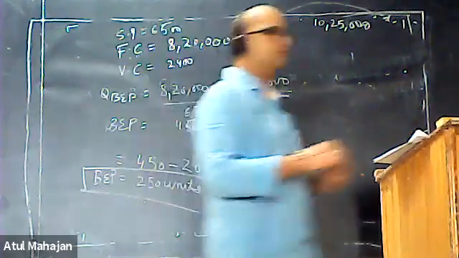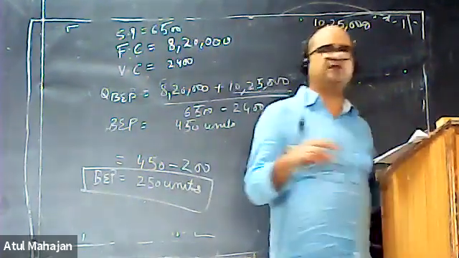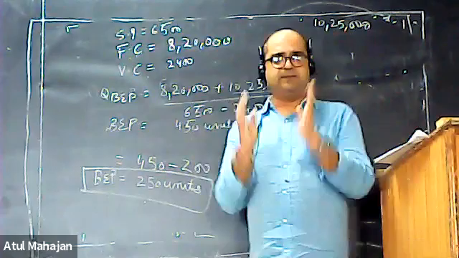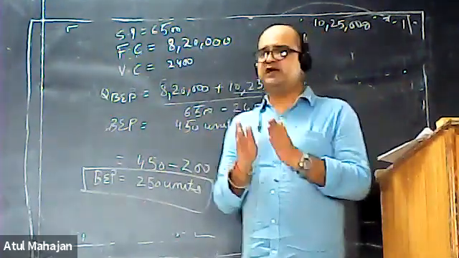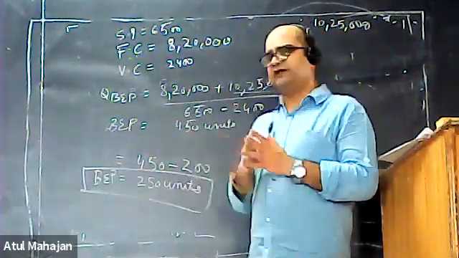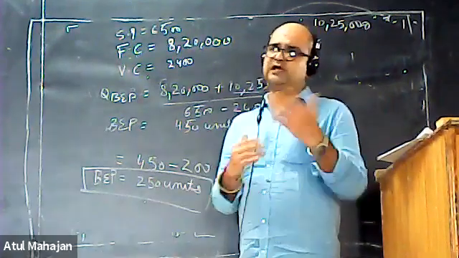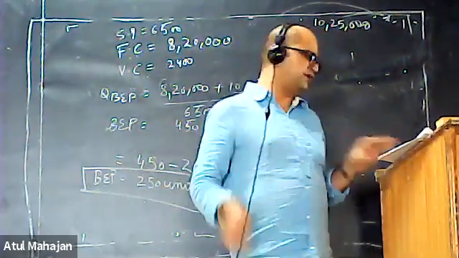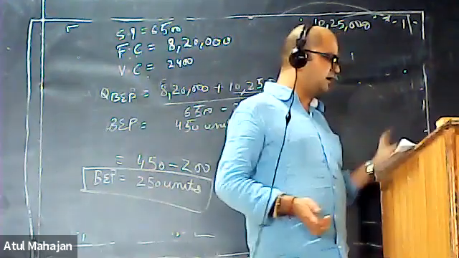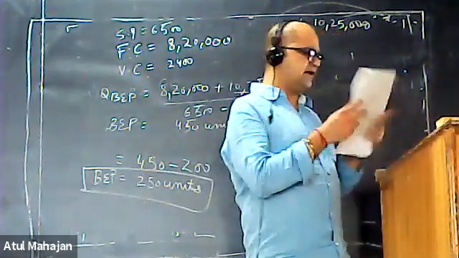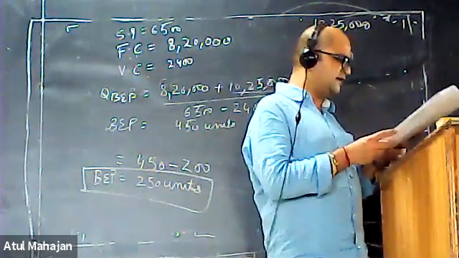And we can earn a profit of around 10,25,000 by minimally attaining 250 units. So this was your first numerical related to break-even point analysis.